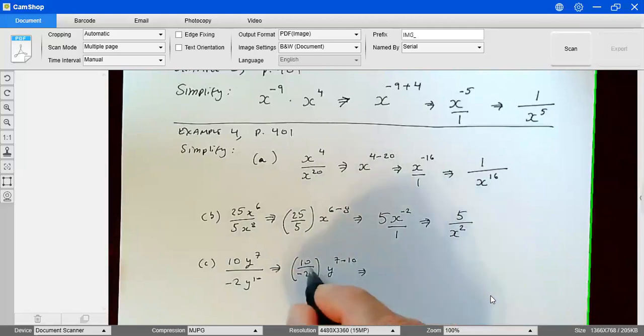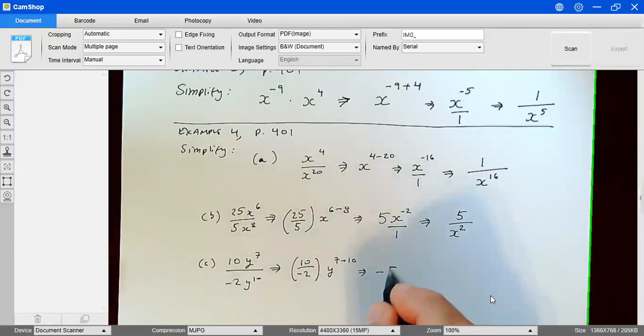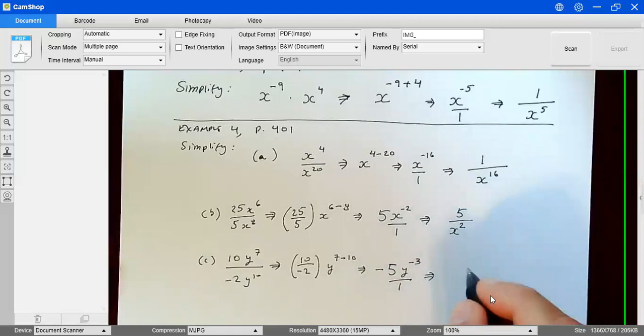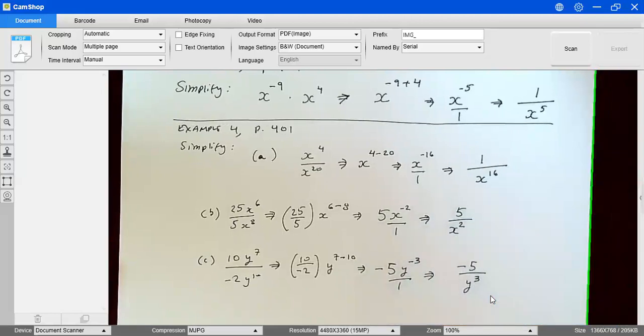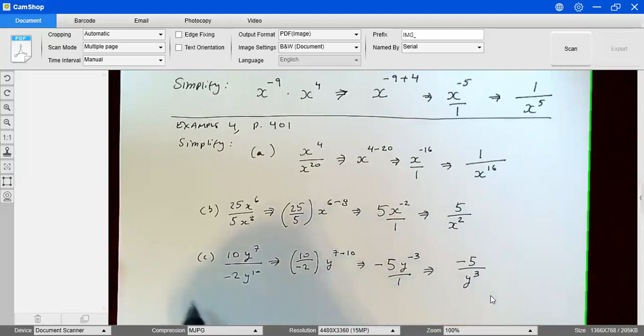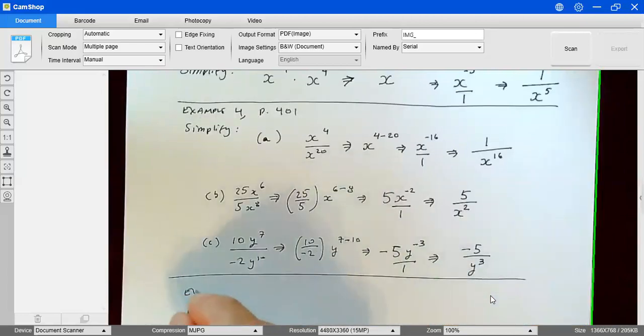So positive divided by negative is going to be negative, 10 over 2 is going to be 5, and y is going to be to the 7 minus 10 is negative 3. So we need a 1 here to move this y to the denominator and get it with a positive exponent. So that's example 4.